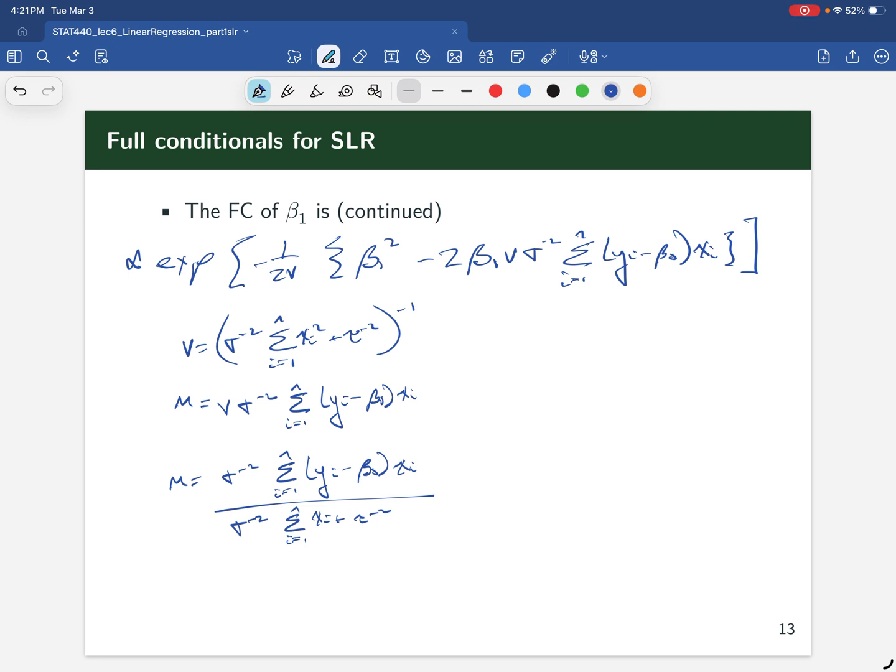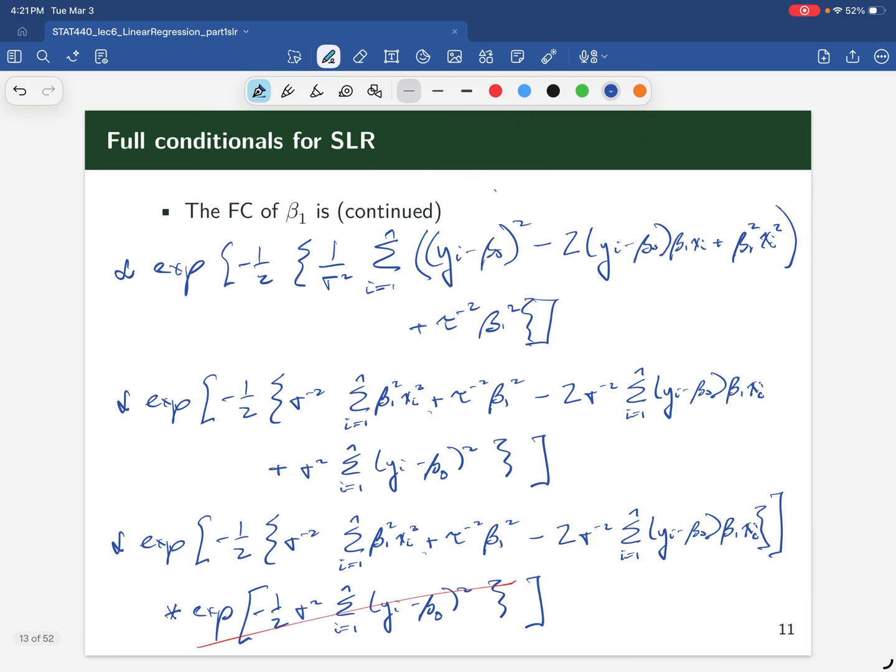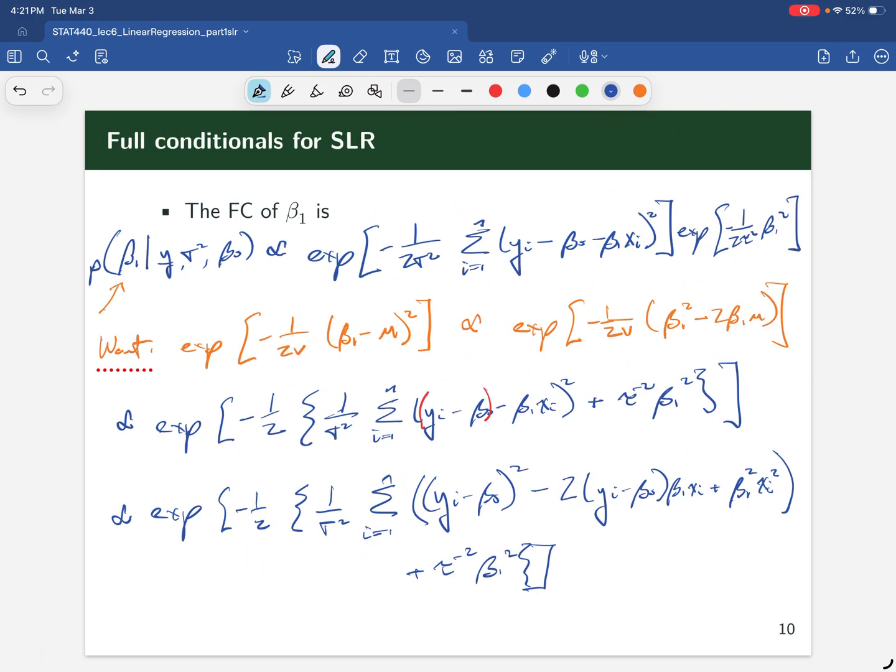So we've done it. Pat yourself on the back. Remember where we started. We started way back here saying, I want the posterior of beta 1 given my data and given the other values of my parameters.